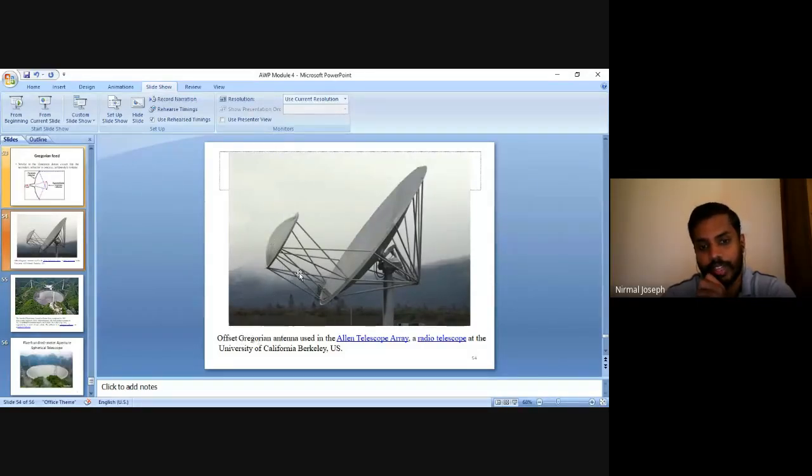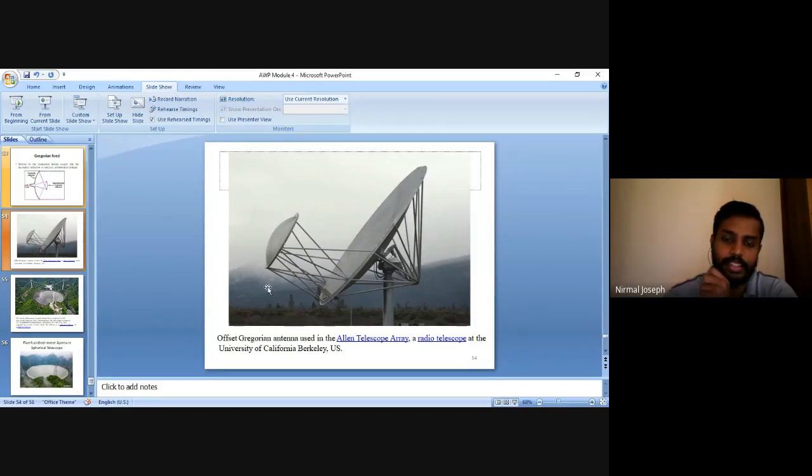If it was convex, it would be a Cassegrain antenna. Since it is concave, it is a Gregorian antenna. But the difference you can see is that this is located at an edge.